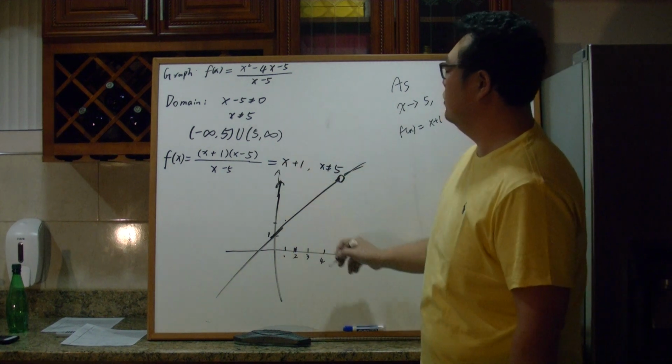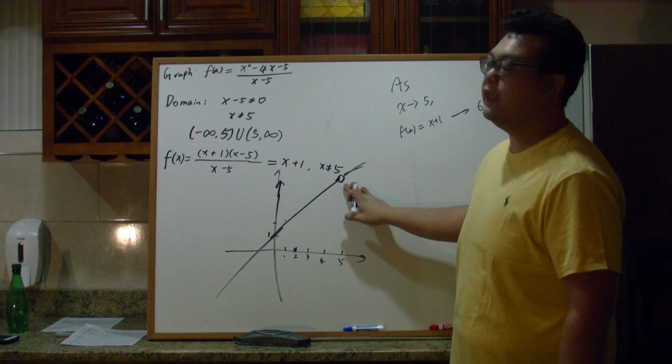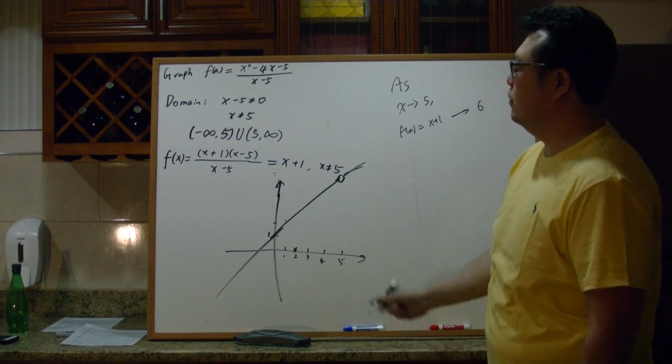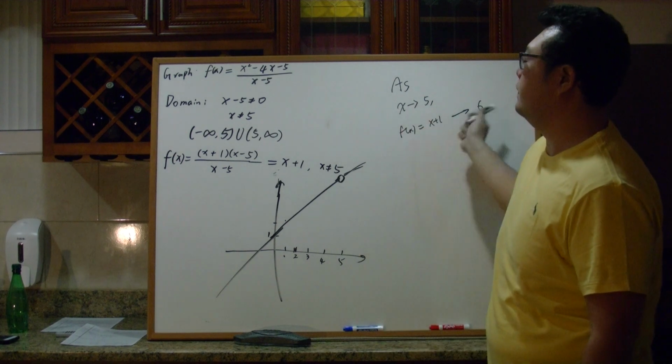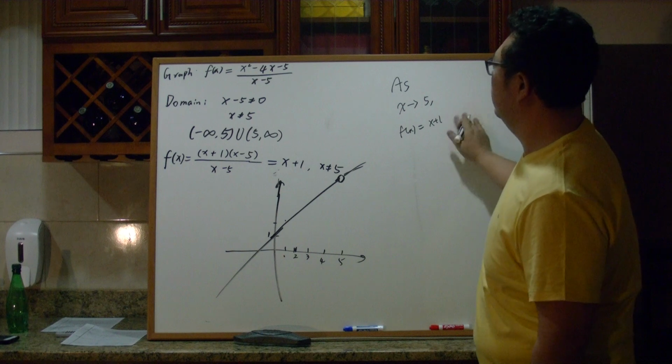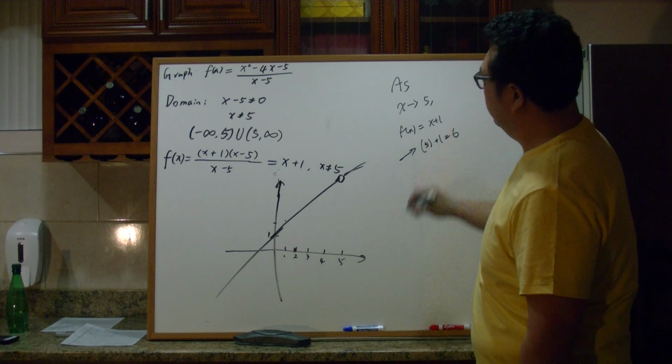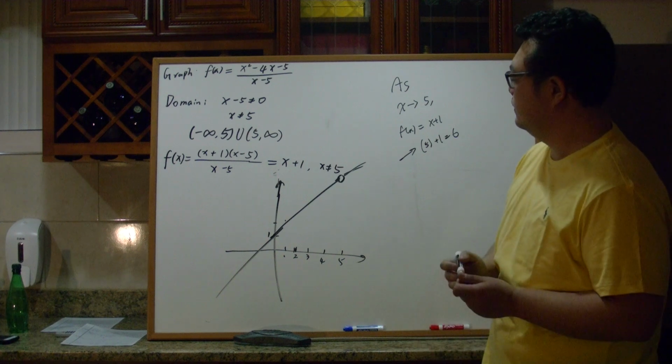This value is not defined because of the nature of the original function, but when x approaches 5, f of x approaches 5 plus 1, which is 6.